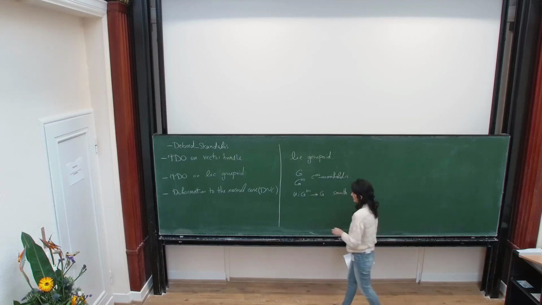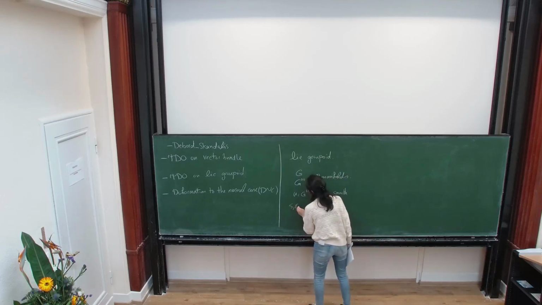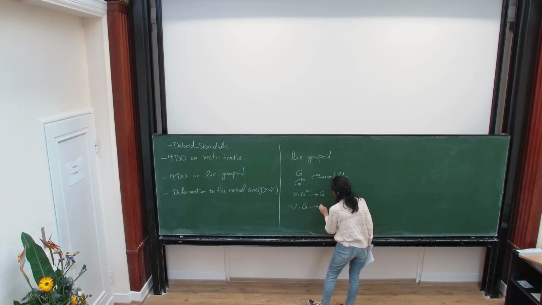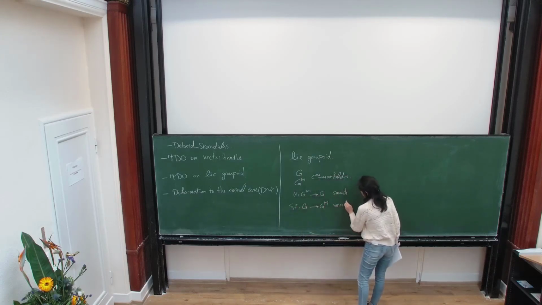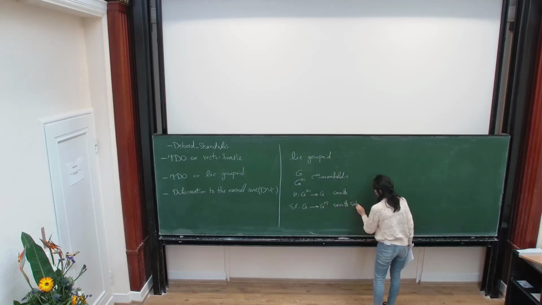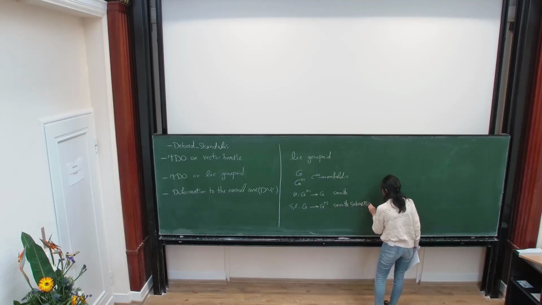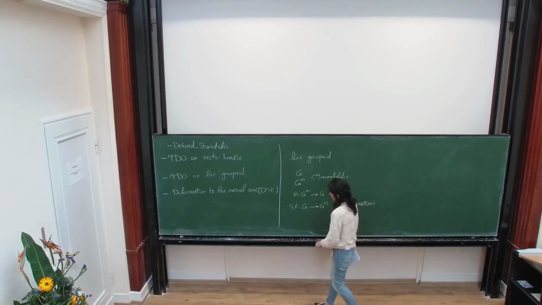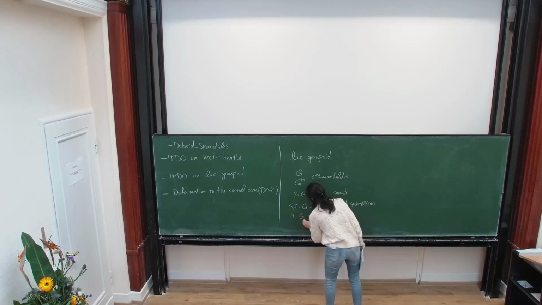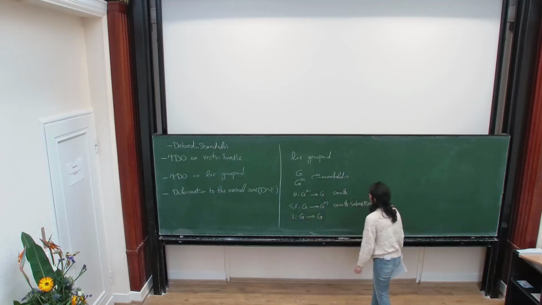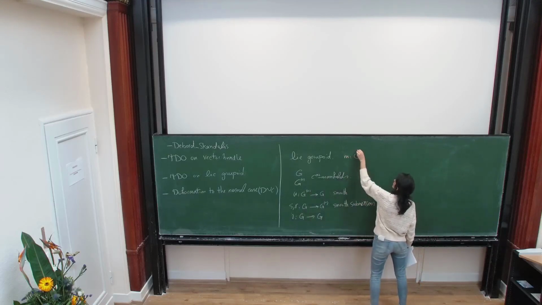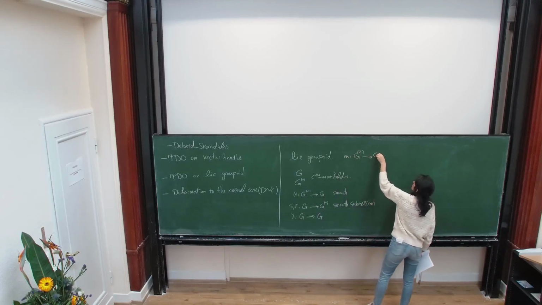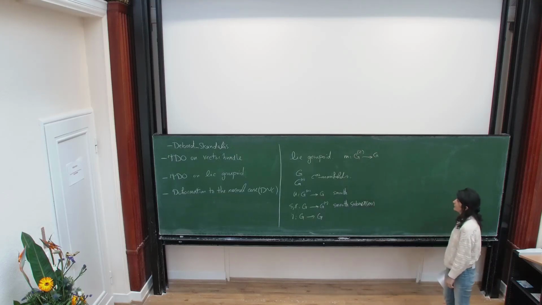Then we have source and range maps from G to G0, which are smooth submersions. The inverse map from G to G should also be smooth, and multiplication on composable elements G2 is also smooth.